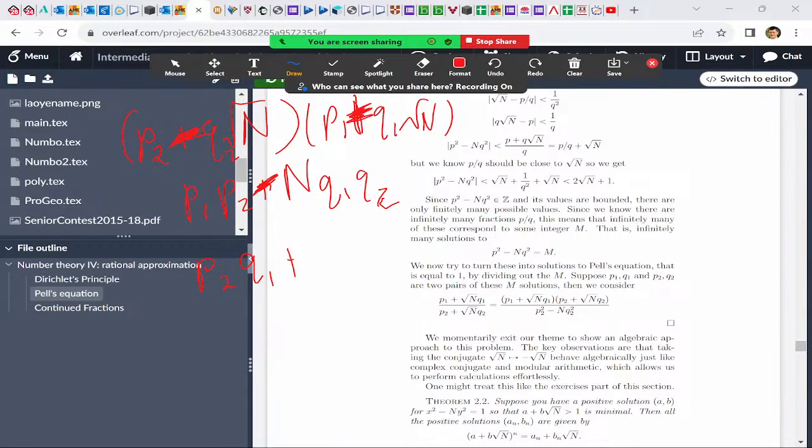And then it's plus P2 Q1 and minus Q2 P1 root n, yeah? You understand? So this should be a minus here. Okay.